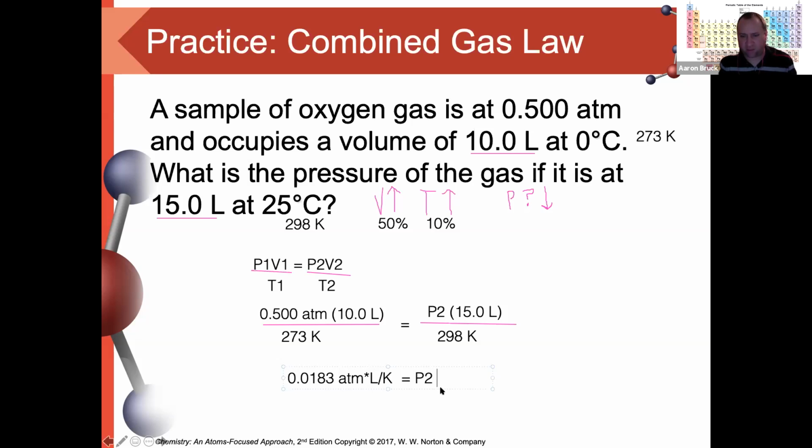On the flip side, I've got P2, 15 divided by 298 is 0.0503 liters over Kelvin. So if I divide both sides by the 0.0503 liters over Kelvin, I get P2 as equal to 0.364 atmospheres.